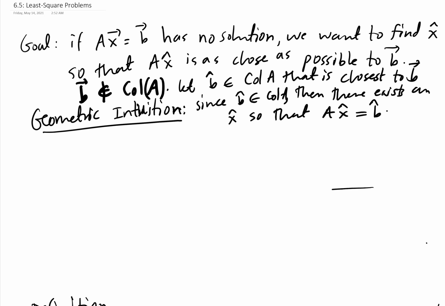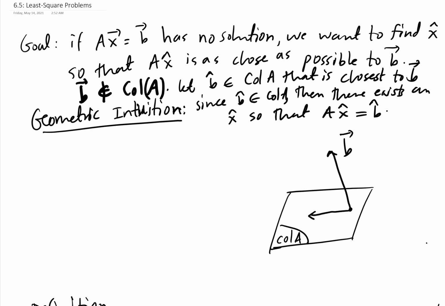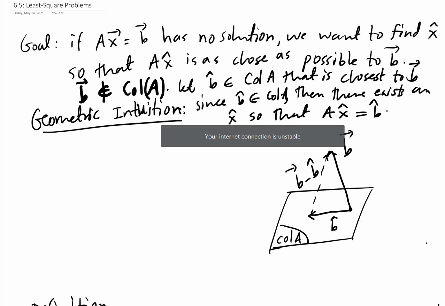So let's say the geometric intuition for this is the column space of A. Vector b is not in the column space of A, as you can see. Instead we have b hat in here, and this one here is b minus b hat. So what we are doing here, we're thinking projection wise.